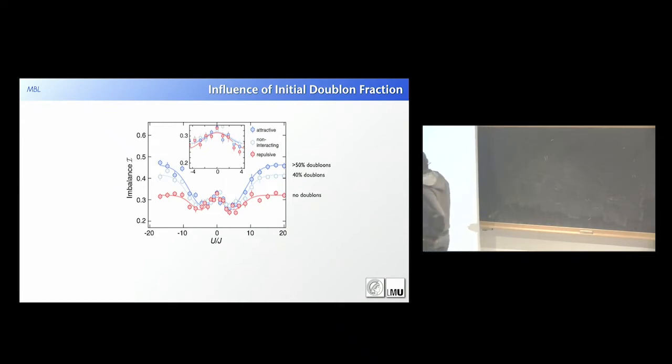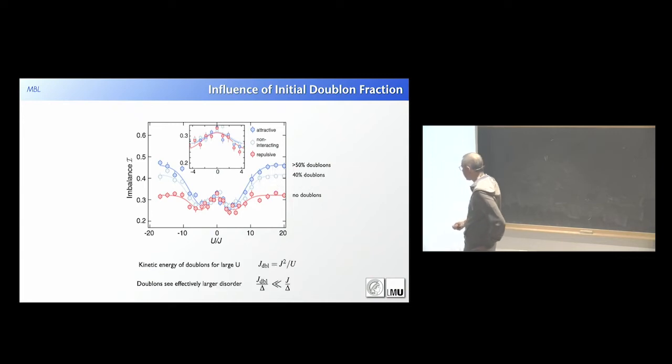Interestingly, when you add doublons to the system, that's not true anymore. If you add many doublons to the initial state, you can actually localize the system already at much lower disorder strengths, or you get a higher imbalance, which you can see here for the steady state imbalance.